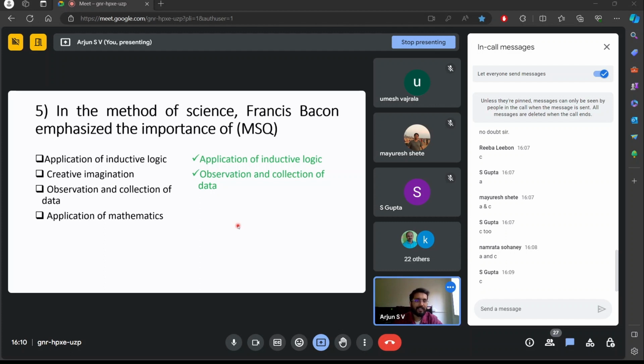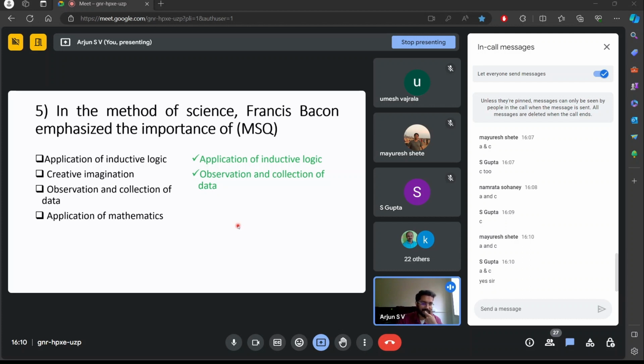So A and C are the correct answers. Application of mathematics is just the opposite of the previous answer. It's of Rene Descartes. And creative imagination: none of the three people, Galileo, Francis Bacon, or Rene Descartes, stressed creative imagination.